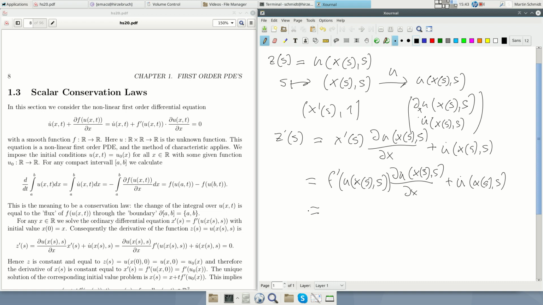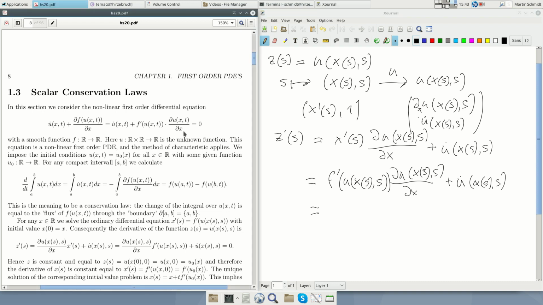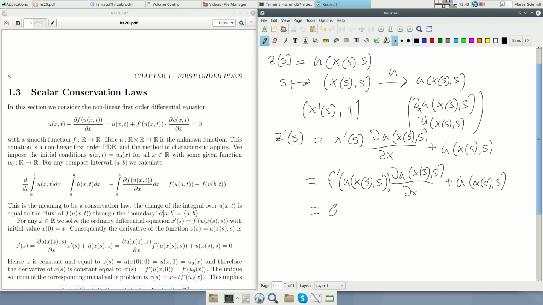And then we insert our differential equation and we see it's again completely constant.